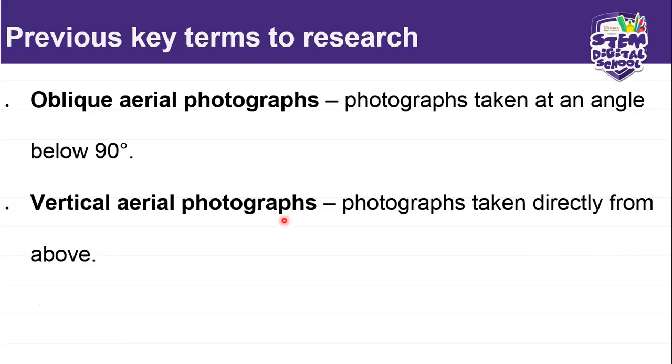These are photographs taken directly from above. We're going to look at these 2 aerial photographs in today's lesson. That's why I said you should research those key terms, so that you know in advance what you're going to learn in the lesson.